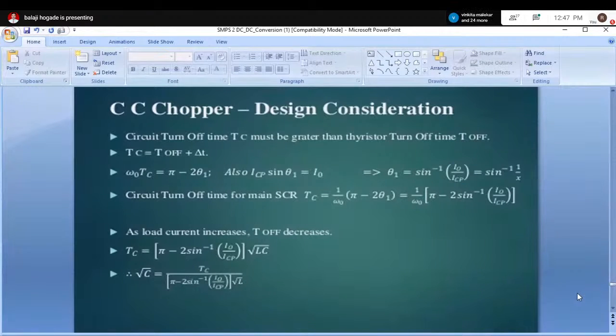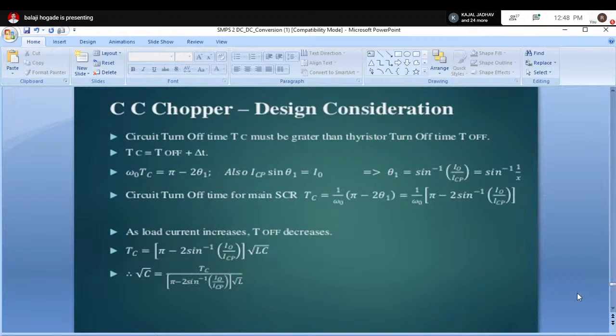If the circuit turn off time is less than the SCR turn off time, it may happen that the SCR will not turn off. So the whole purpose will not be served.